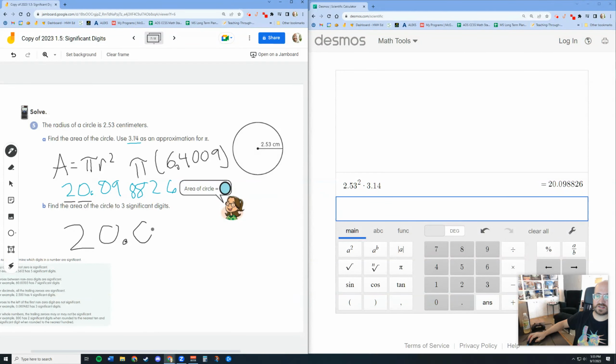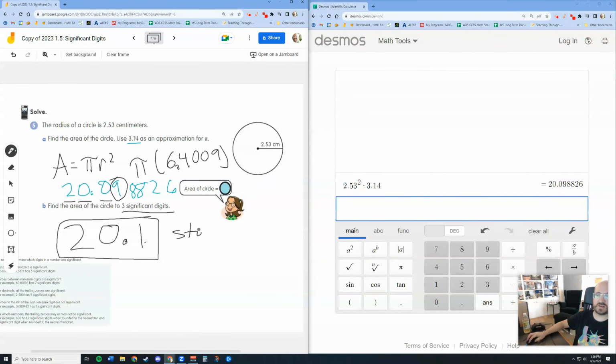And then is it 0? Would it be 20.0? Let's take a look at the fourth digit here. That's a 9. So it's not going to be 20.0. It's actually going to be 20.1. So as you can see here, sig figs or significant digits help us know when we can stop, right?